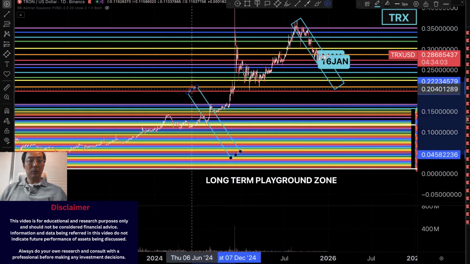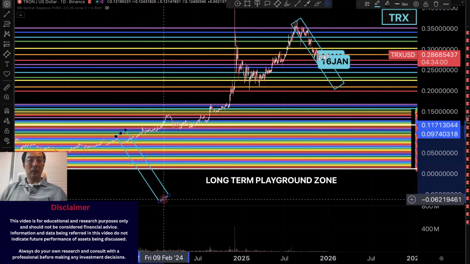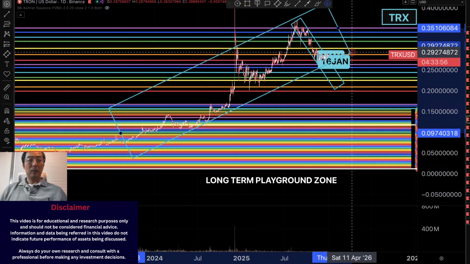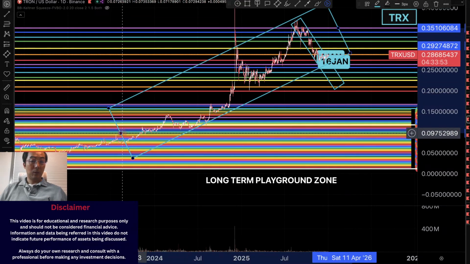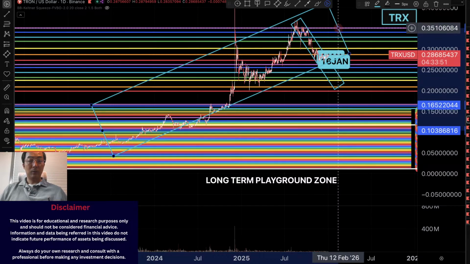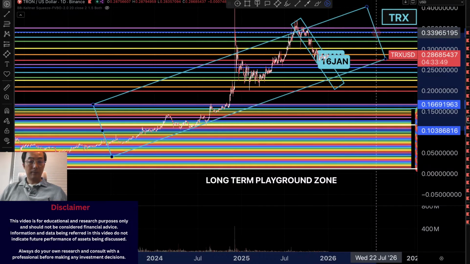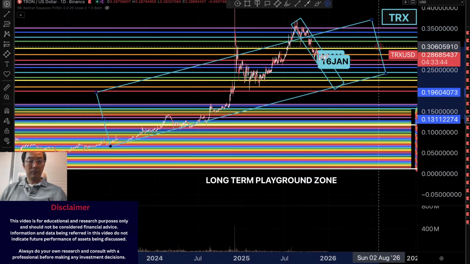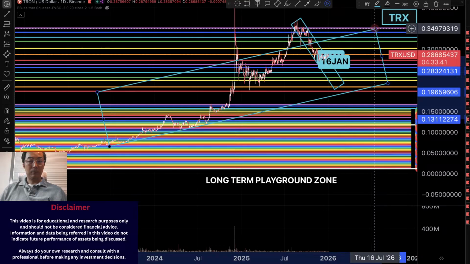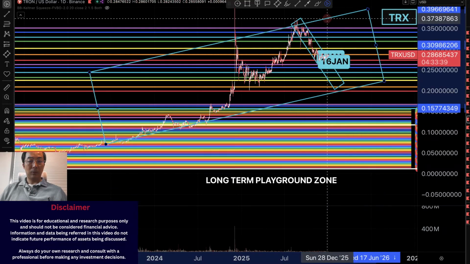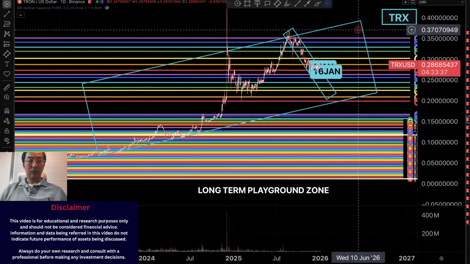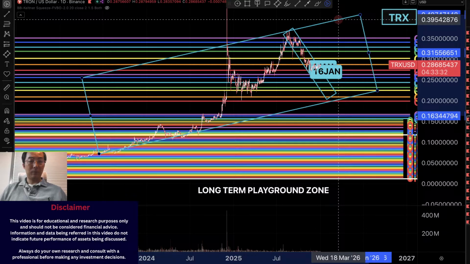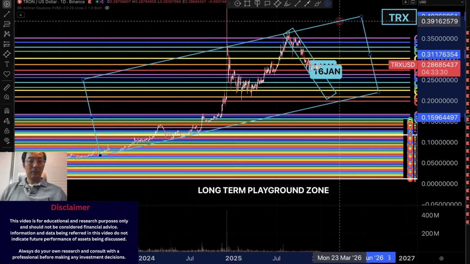Let me borrow this box and draw this bigger trend that's been going on for quite a while, just to make sure we have the peaks included, except the blow off wick over there.